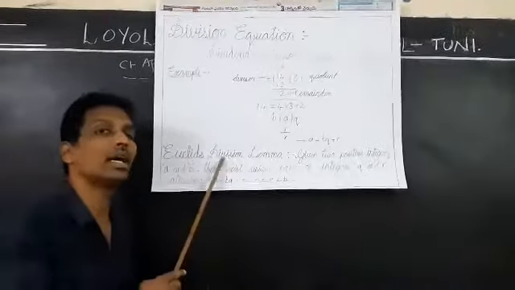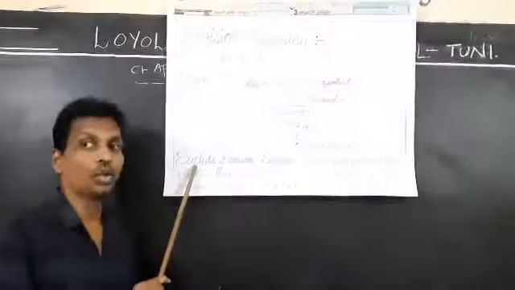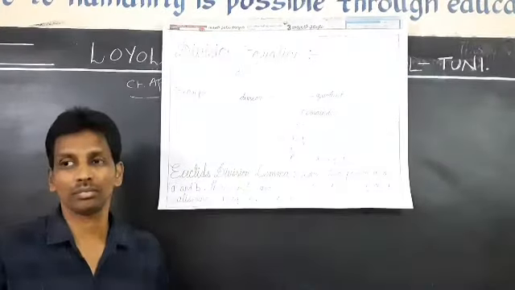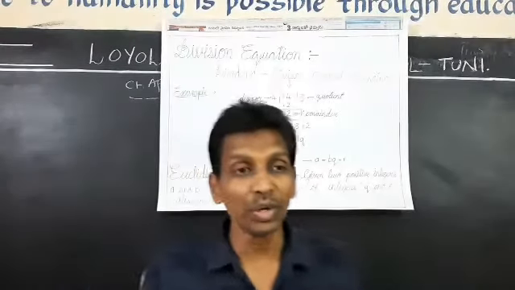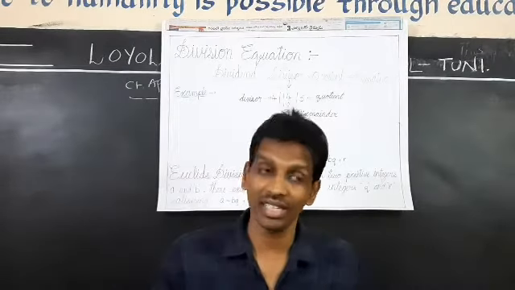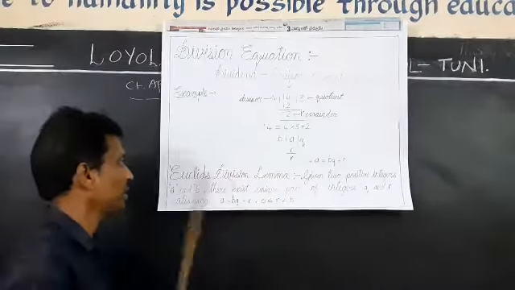Euclid's division lemma. Of course, the name Euclid is familiar to you all because he wrote a book, The Elements, which we might have studied in our 9th class level as a third chapter. Yes or no? Yes. That person.